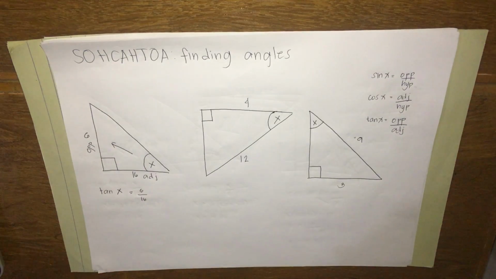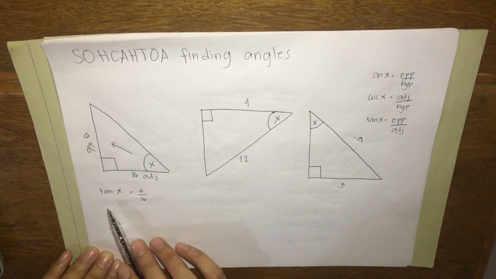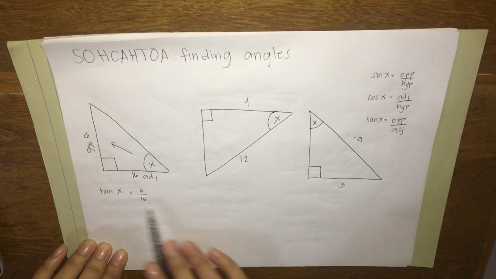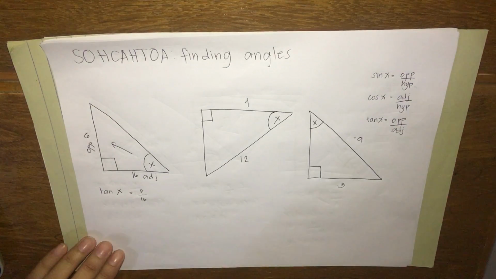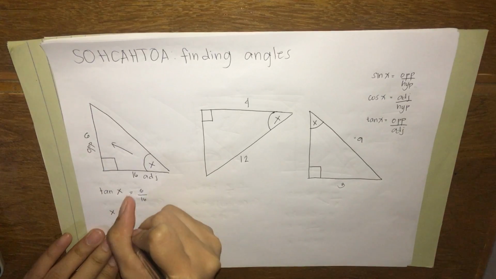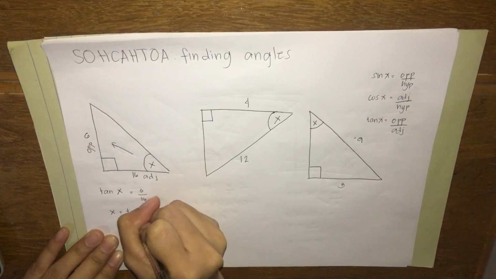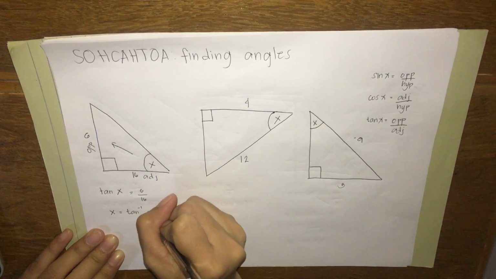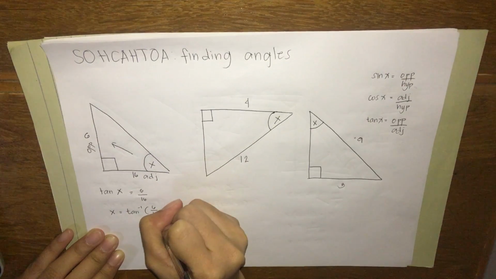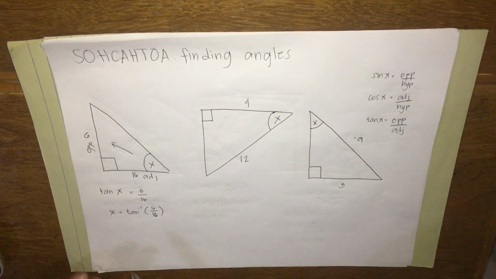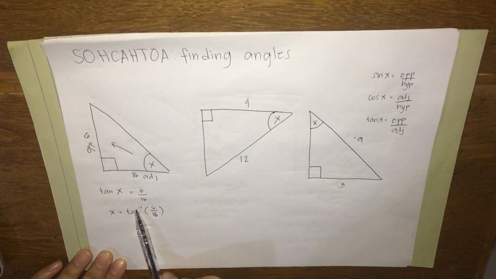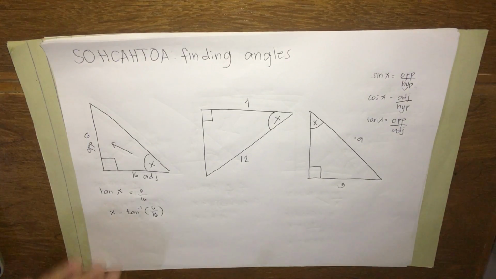So now, after we build the equation, we're going to rearrange it again. In finding angles, we're going to use the inverse of the function. So it will become x is equal to tangent inverse multiplied by 6 over 16.